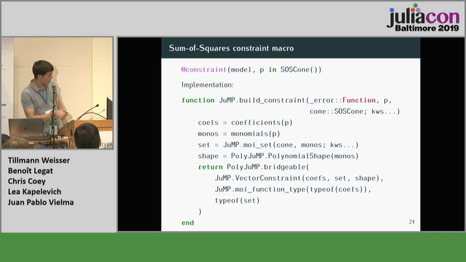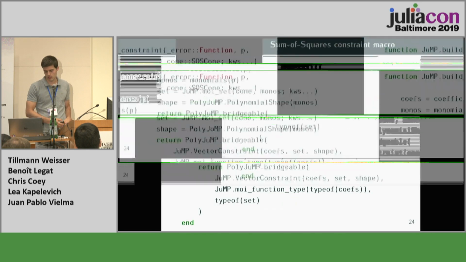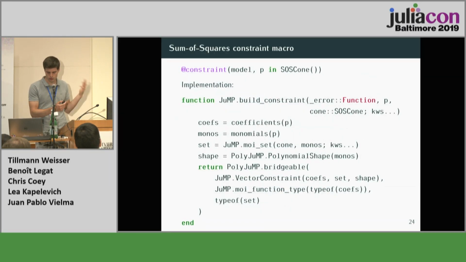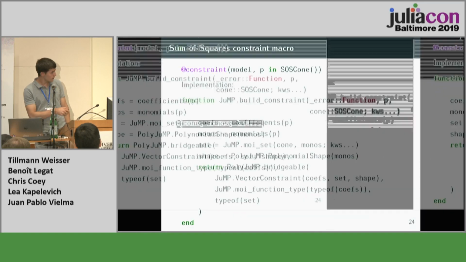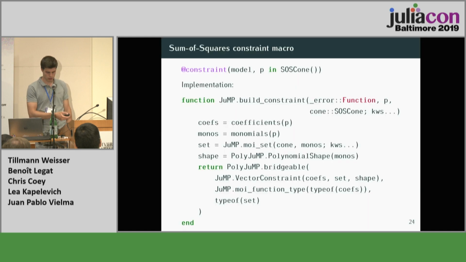Then this PolyJuMP bridgeable is just going to figure out which bridges it needs to add, because in practice in SumOfSquares we have a lot of bridges, but you could just use bridgeable with the sum of squares bridge here. So it has this vector constraint, which is the sum of squares constraint, and then it has this bridgeable which tells JuMP that you should also add the sum of squares bridge in case you don't have it. So that when the user uses the sum of squares constraint, automatically you will add the bridge because it's probably needed, and you will add the constraint.